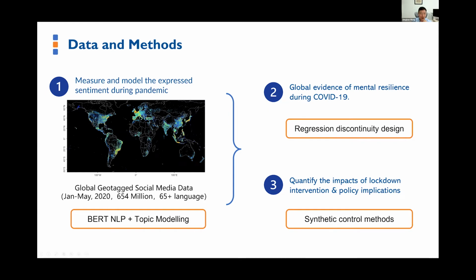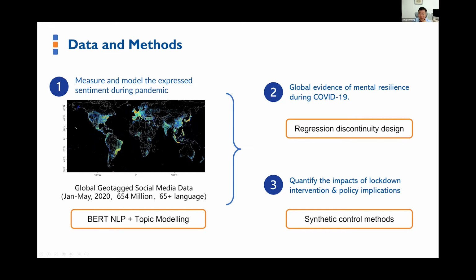That's why we use the BERT algorithm, training and validating it. For the second question, we use the regression discontinuity design, RDD, method, which is widely adopted in economics, to study the global evidence of mental health resilience during COVID.